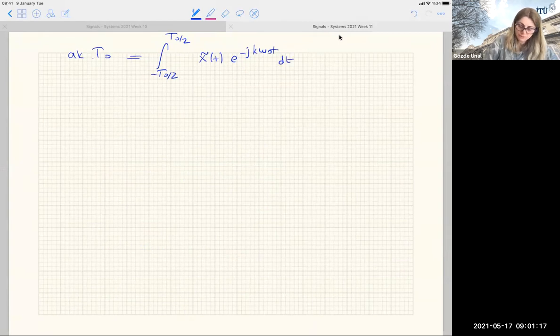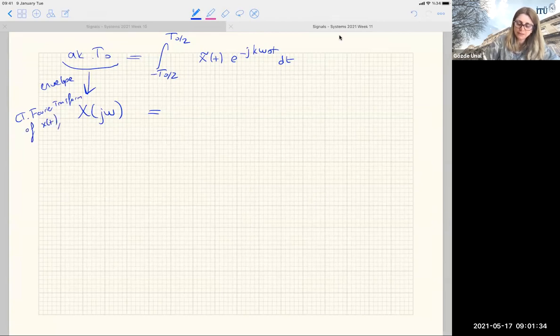Now, this guy, we said its envelope, we already called it the continuous time Fourier transform. We will name it X of j omega. This is the continuous time Fourier transform of the non-periodic signal x of t. This is non-periodic, but I can calculate a Fourier transform of both periodic or non-periodic signals.